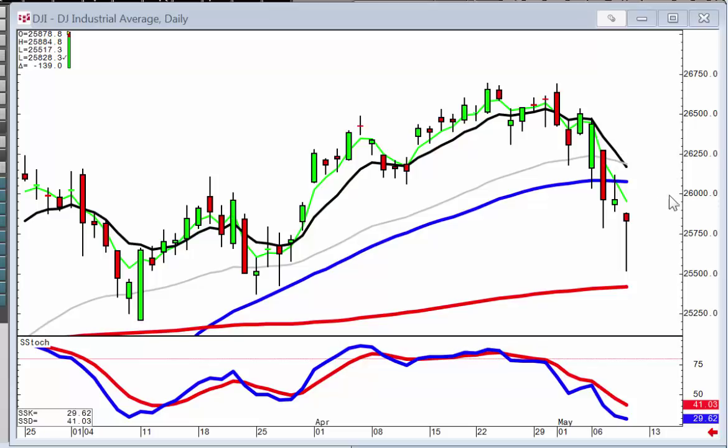So simple logic tells us that if we see a candlestick reversal signal, especially a strong one like the bearish left-right combo and a close below the T-line, no matter what we're hoping might happen as far as being long, simple statistics show that if you see a candlestick sell signal and a close below the T-line, you're in a downtrend until you see a candlestick buy signal and a close back up above the T-line, and/or a candlestick reversal signal a good distance away from the T-line, watching to see if they're going to bounce it back up to the T-line.